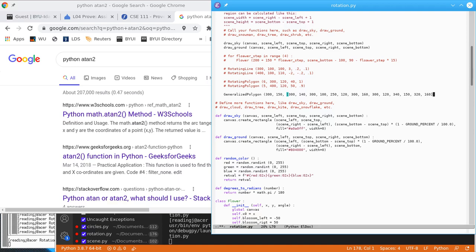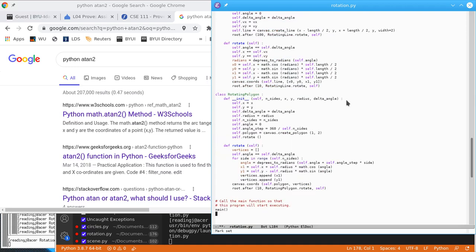Don't know exactly what kind of shape that's going to give us, but actually, let's do our delta angle right here. Now obviously I could do color and everything as well, but we're not going to right now.